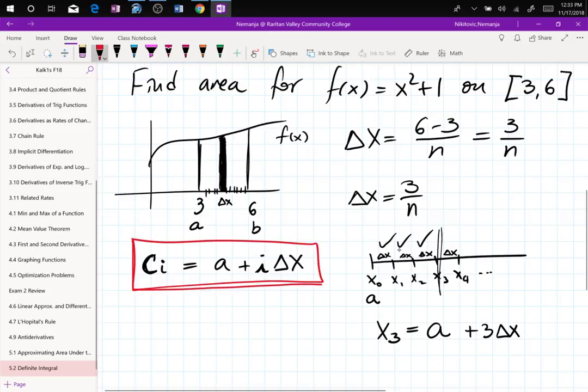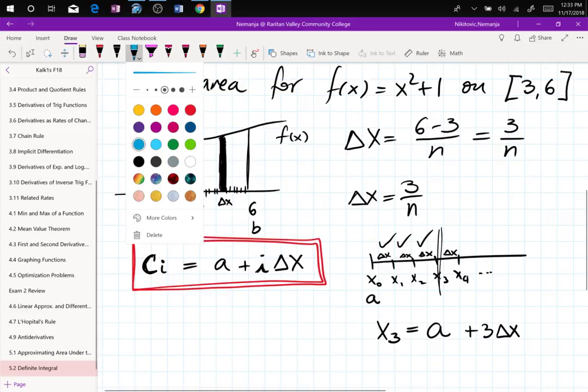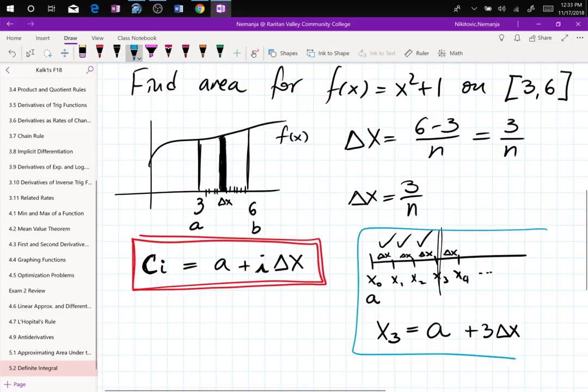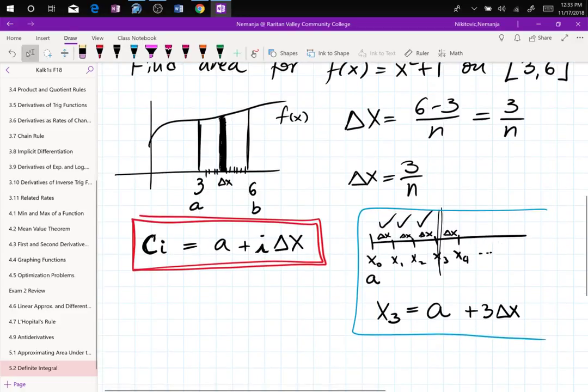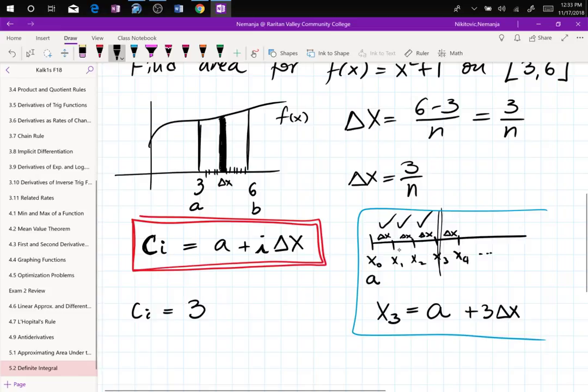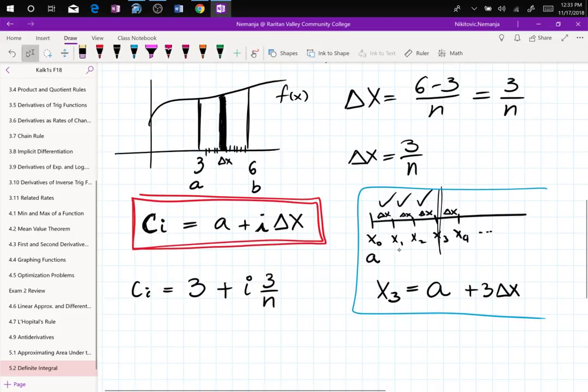To reach any location on the x-axis, we can use a plus i times delta x, because you can reach locations with that. So I'm going to leave this as a side note over there. So now to develop my c_i is simply a, which is 3, plus i times 3 over n. So I have the c_i.